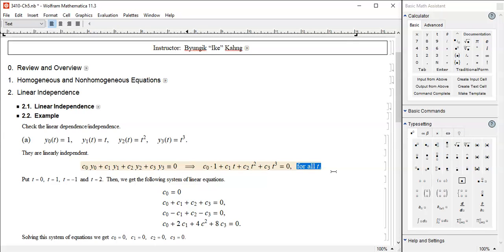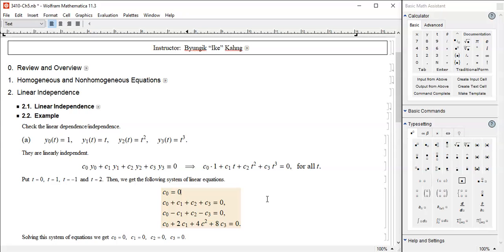We have 4 constants, c0, c1, c2, c3, so we need 4 equations. Let's select 4 t values, t equal to 0, 1, negative 1, and 2, and put those in. Then we get a system of these 4 equations.